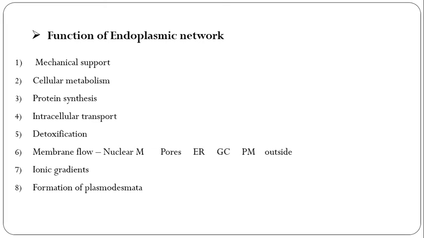Then the seventh one is the ionic gradient. In ionic gradients, the sarcoplasmic reticulum of striated muscles is involved in the concentration of calcium ions by an energy-utilizing ATP process. So the calcium ions are stored in the sarcoplasmic reticulum.